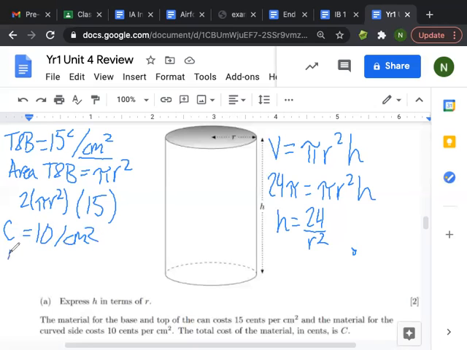And so for the area of the can, we have height times the circumference. What's the equation for circumference? 2 pi r.